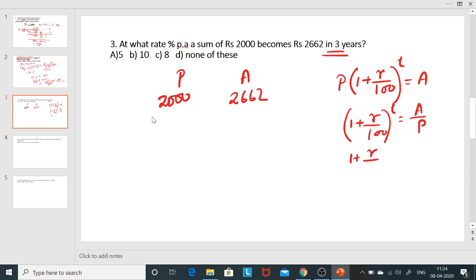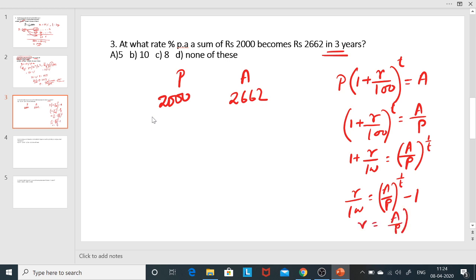Now 1 plus R by 100 should be amount by principal to the power 1 by T. Now it is R by 100 is equal to amount by P to the power 1 by T minus 1. Now R is equal to amount by P to the power 1 by T minus 1 into 100.